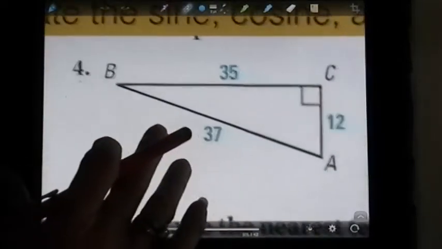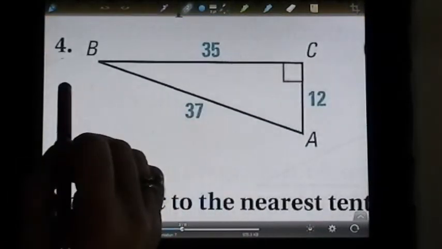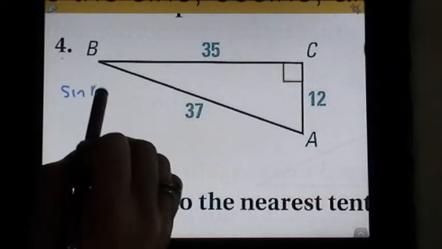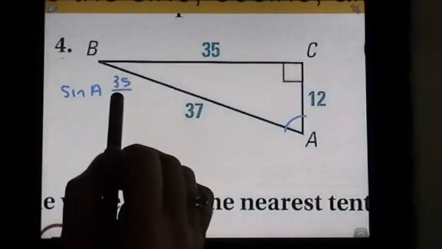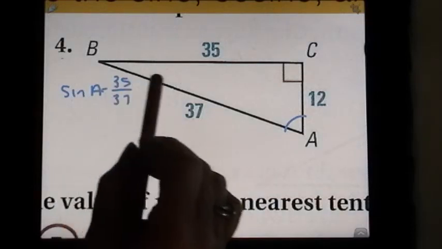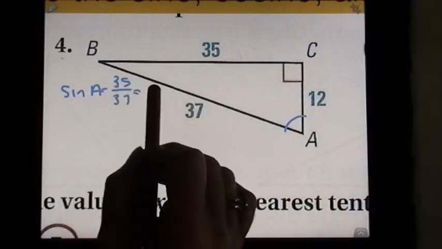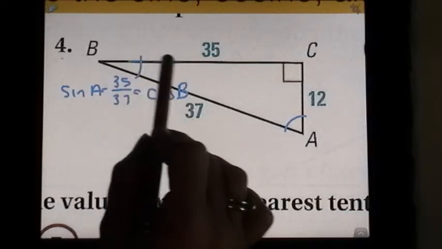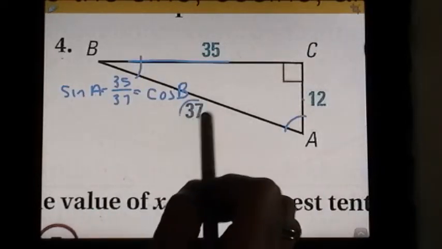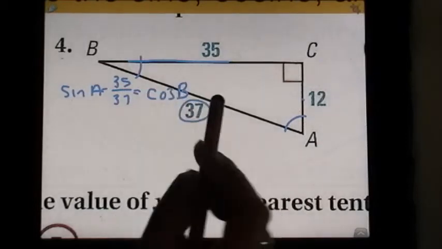Okay, let's look at another one and just kind of solidify this. The sine of A is 35 over 37, which is also equal to the cosine of B, the adjacent side over the hypotenuse.